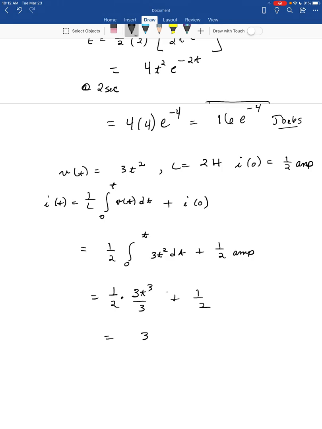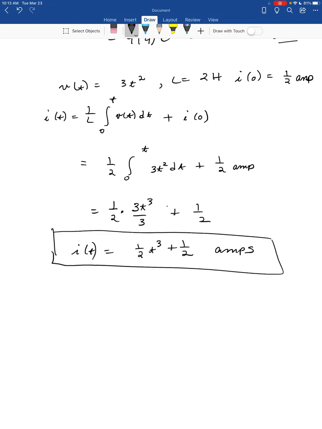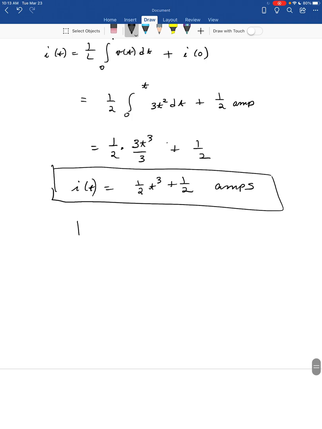So it's 3t cubed over 6, which reduces to 1/2 t cubed plus 1/2. Okay, and that'll be in amps, and that's i of t. So that's pretty much the kinds of problems that you would encounter. So, some simplification.